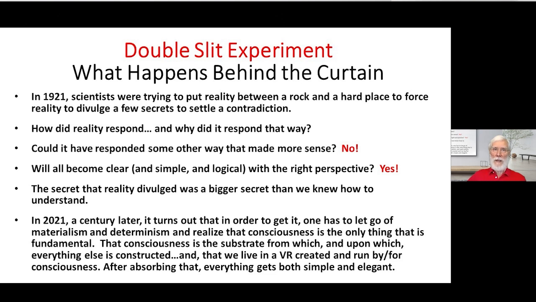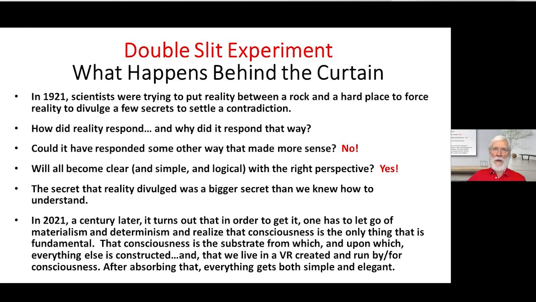But as soon as the scientists put a little photon detector at each slit to see which slit the photon went through, then the photons all pile up behind each slit. So you had two piles, one behind each slit. They acted like particles. So that was the contradiction.